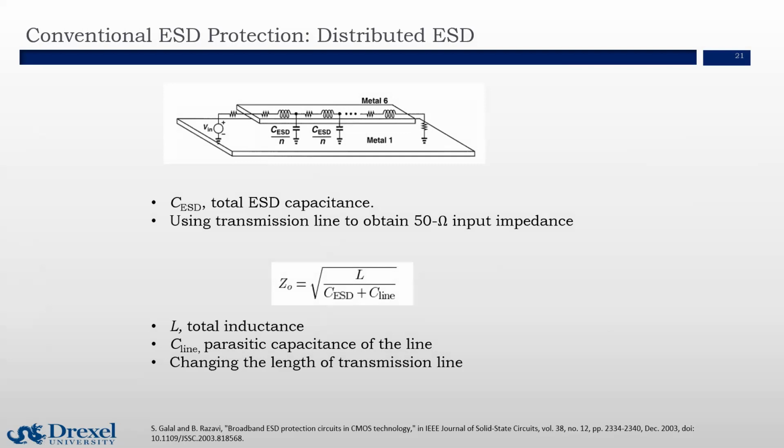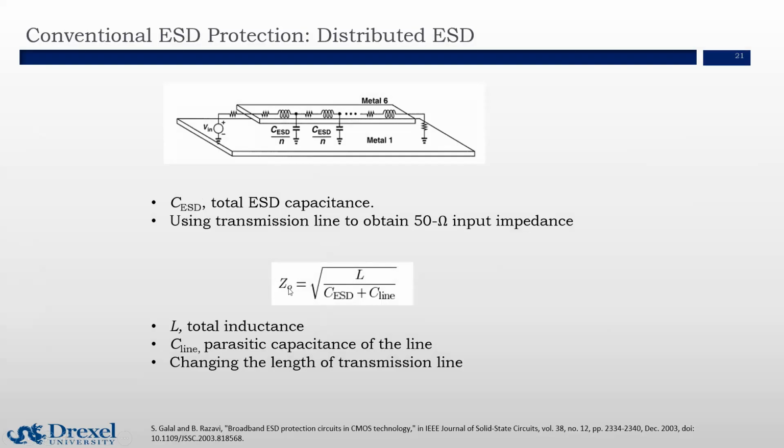We can also model the ESD parasitic using a distributed model. The CESD is the total ESD capacitance. And we can use a transmission line to obtain a 50 ohm input impedance.